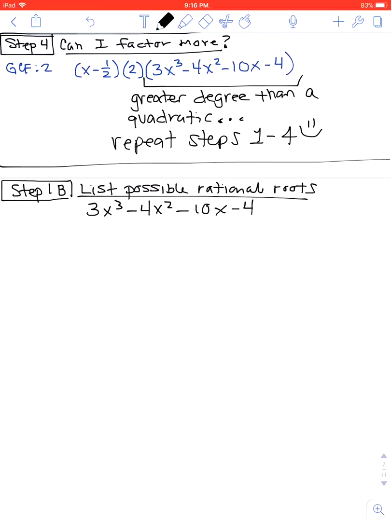All right, so what is that little formula that you're going to use? All right, plus or minus p over q. What is p? Factors of the constant. What is the constant? Is that 4 there?